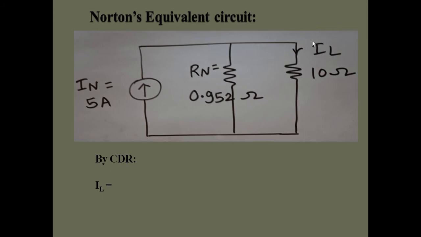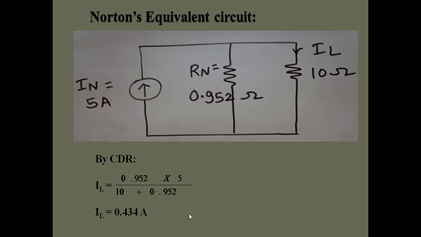In CDR, if we have to find out the value of IL, then we have to consider the opposite branch resistor into total current divided by the addition of these two resistances. So the opposite branch resistor is 0.952 into total current 5 ampere divided by the addition of these two resistances will give us the final answer as 0.434 ampere.